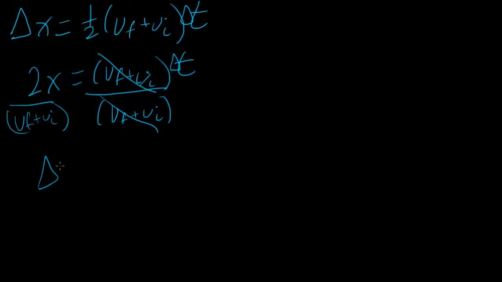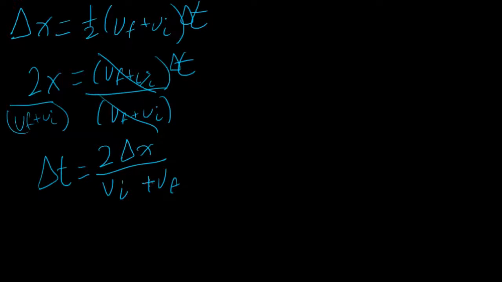So we end up with delta t equals 2 delta x over vi plus vf. My delta went away, I keep dropping my deltas, I apologize. I just switched the order because that's what your book does, and I want the equation we end up with here to look like the one from your book. Okay, so we've got that. What good does that do us?